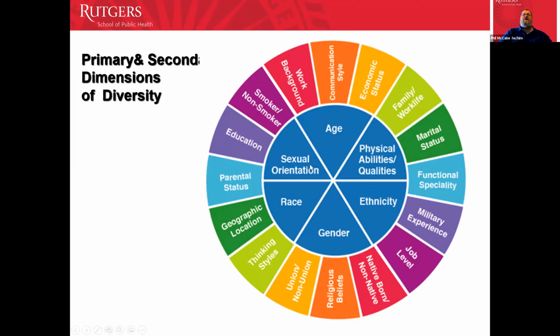So if you look at our primary characteristics, the 6 in the middle, we have age, physical abilities and qualities, ethnicity, gender, race, and sexual orientation. The reason why these are considered primary is these are really not changeable. Now, yes, your age will change, but you cannot change your age. You cannot, I was just going to say you cannot change your gender. Yes, you can change your gender, okay?